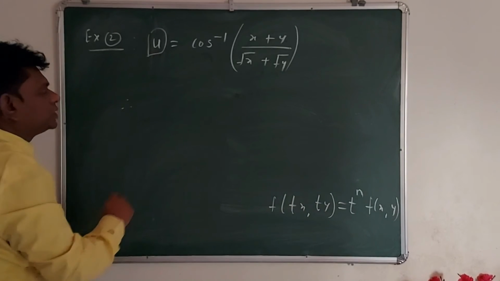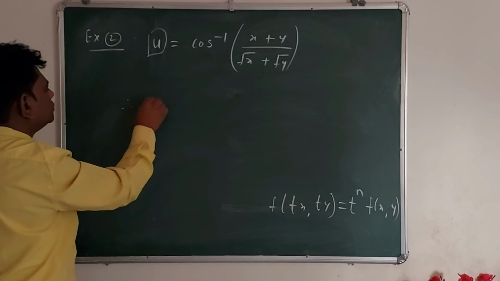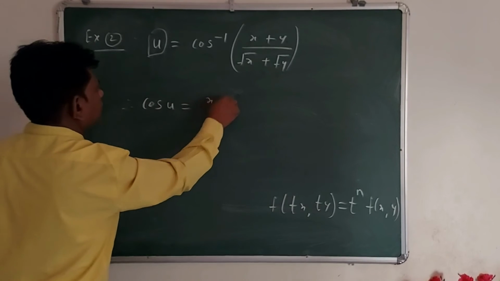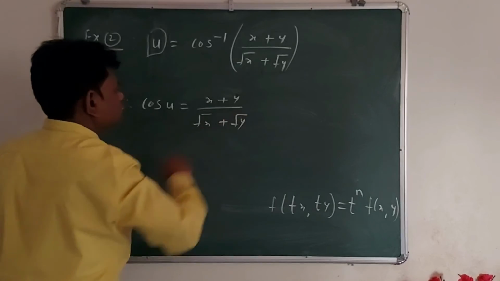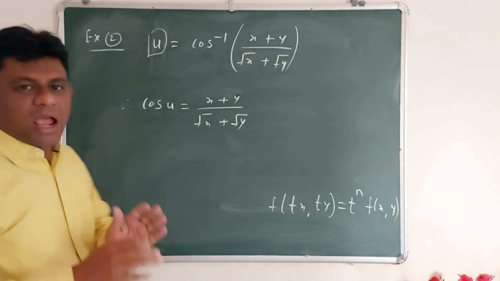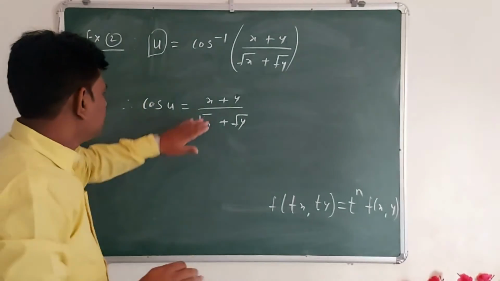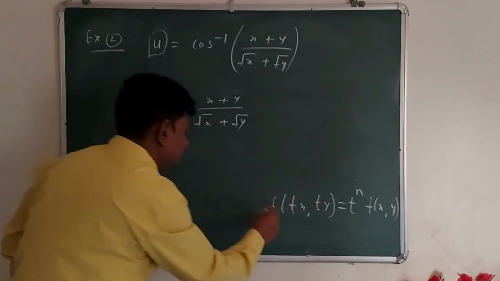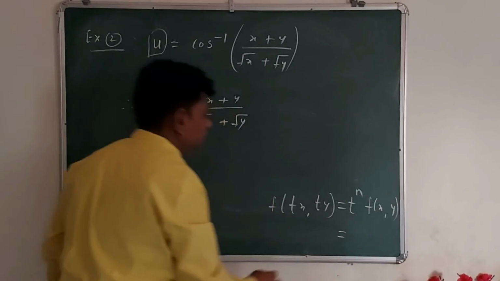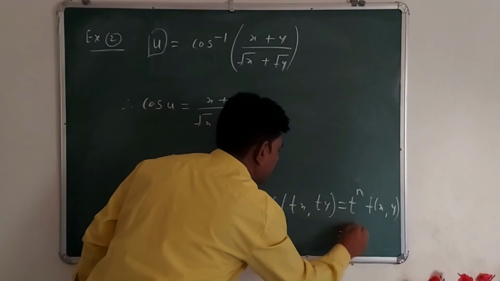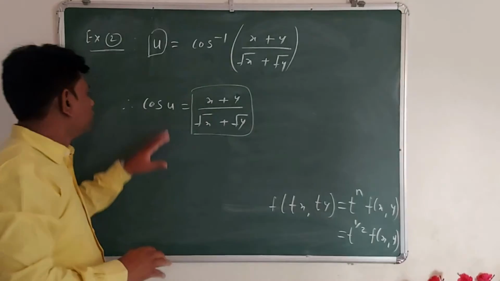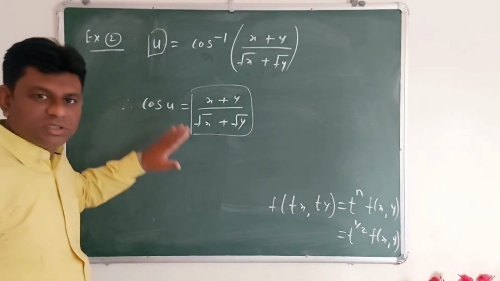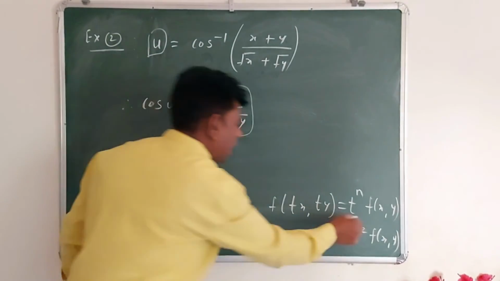Now we write this function as cos u is equal to x plus y upon root x plus root y. Now as per the definition of 3, we write this function as f of tx ty is equal to t to the power half f of xy and therefore function cos u is a homogeneous of degree half.